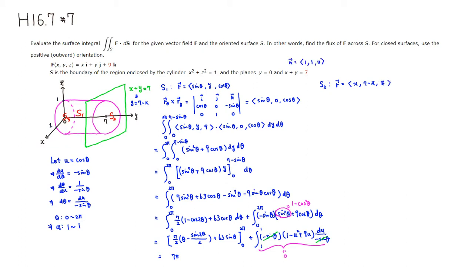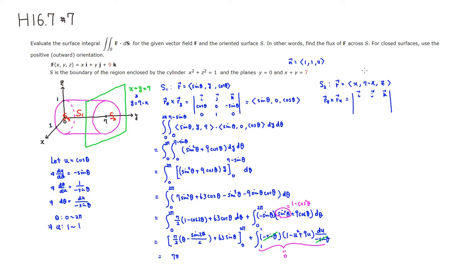If you compute the partial of r with respect to z, cross product with the partial of r with respect to x, we get vector i, vector j, vector k.